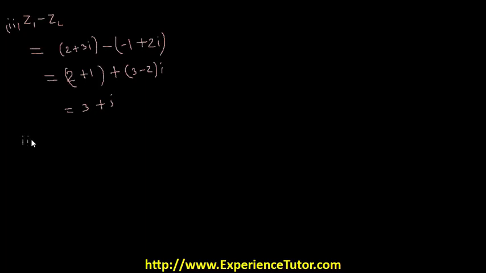Third question, Z1 multiplied by Z2 is equal to (2 plus 3i) multiplied by (minus 1 plus 2i), which is equal to minus 2 minus 6 plus i (4 minus 3).